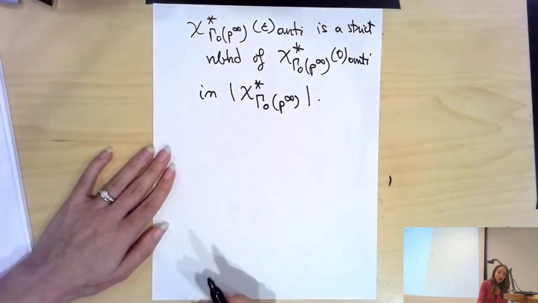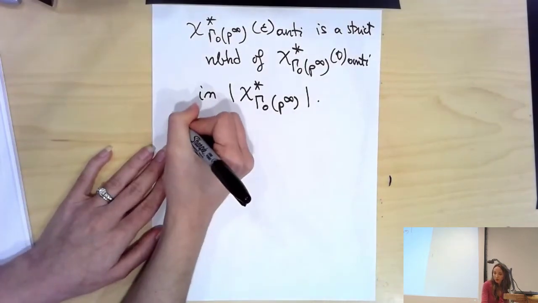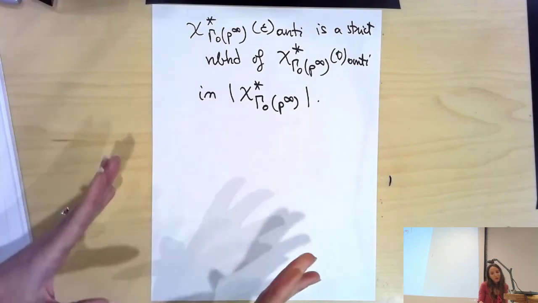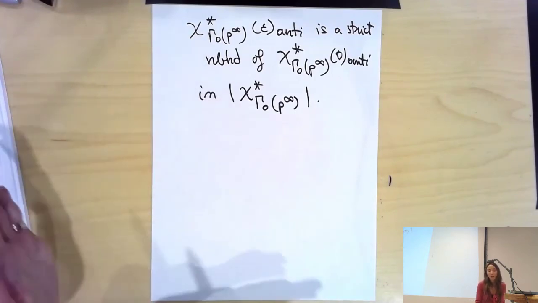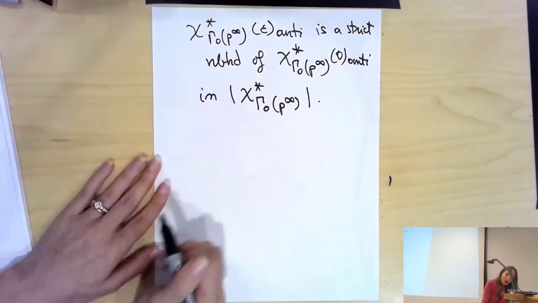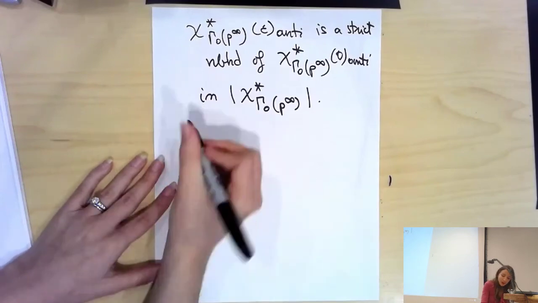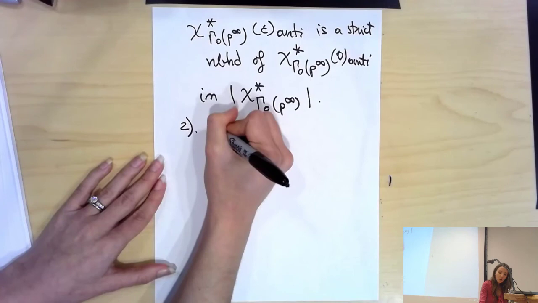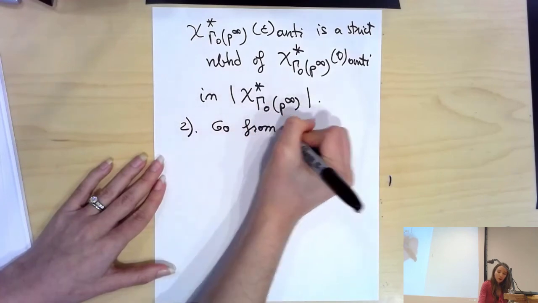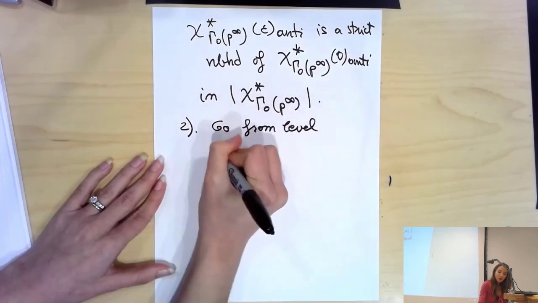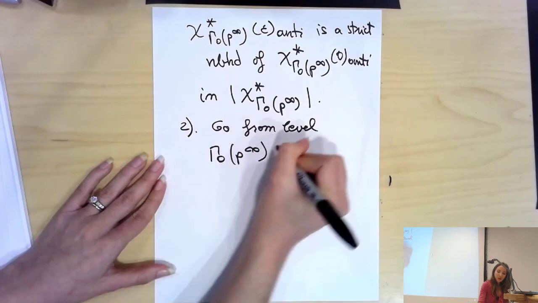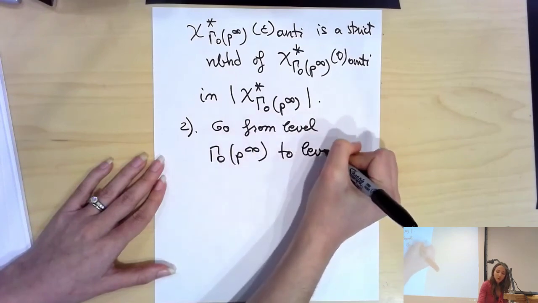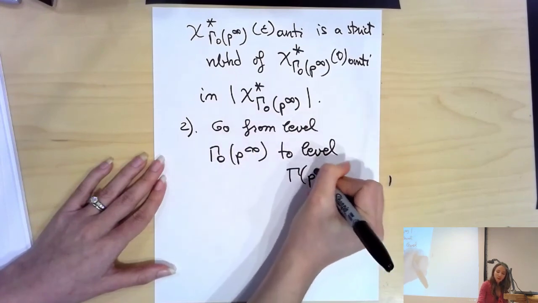Okay, so this was step 1. Don't just have things on the ordinary locus, but go a little bit into supersingular annuli. Step 2 is go from level gamma naught p infinity to full level gamma p infinity.